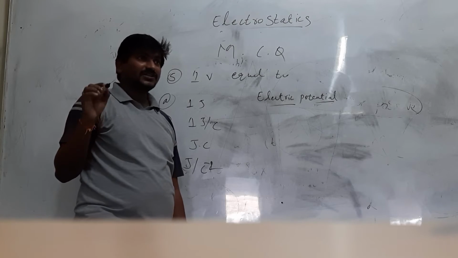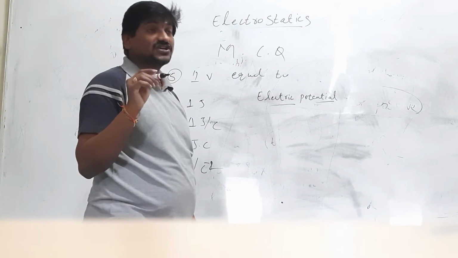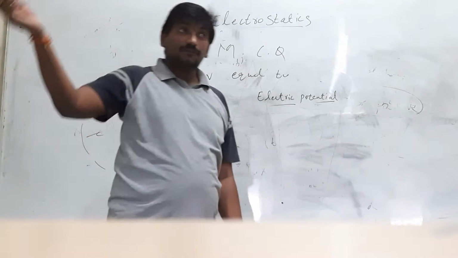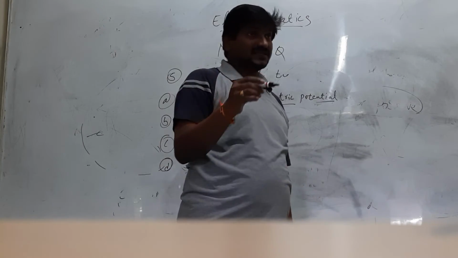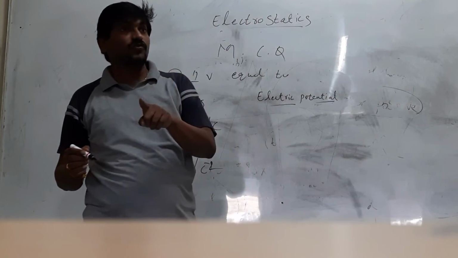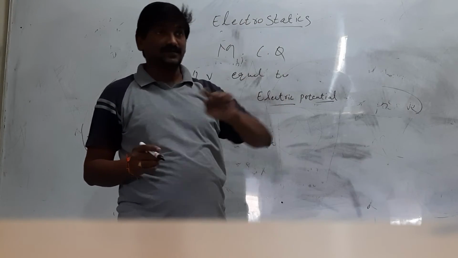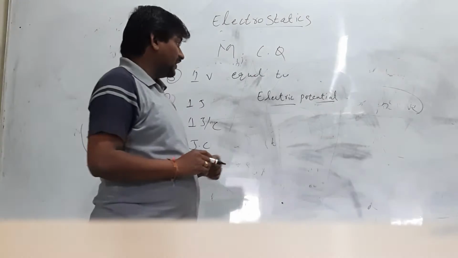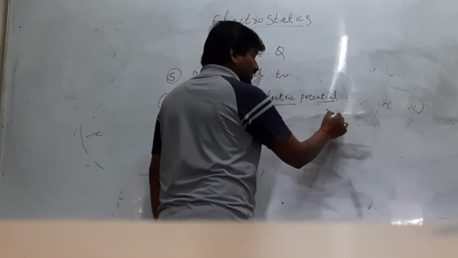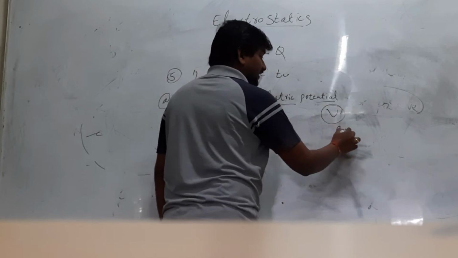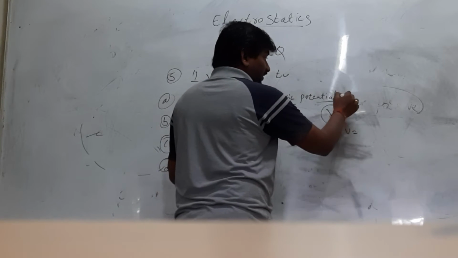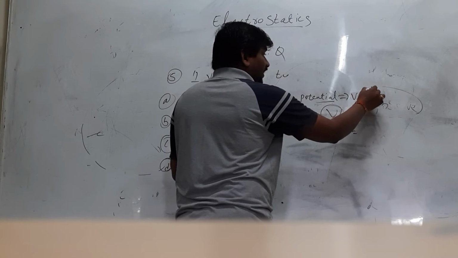The work done in bringing a charge from infinity to a point against the electrostatic force is called electric potential at that point. The unit for electric potential is volt. Here, electric potential V equals work done per unit charge.